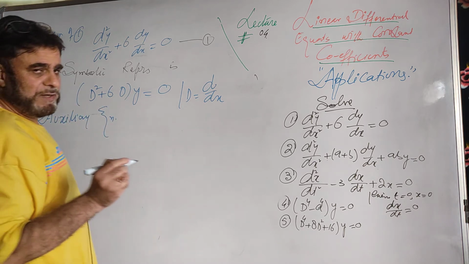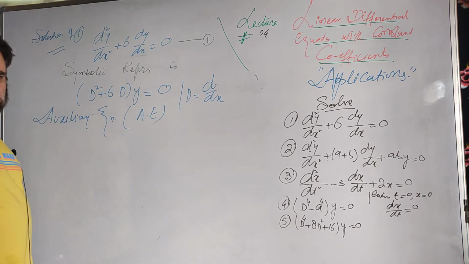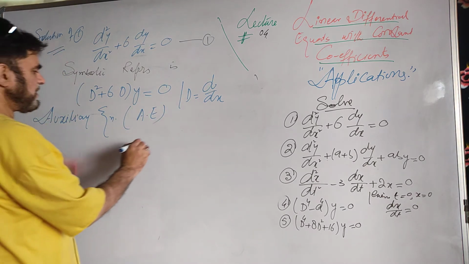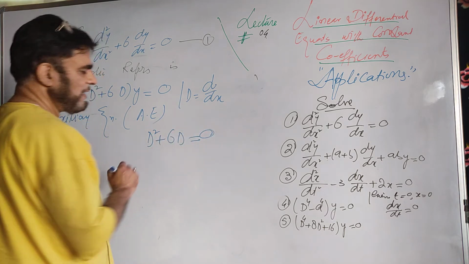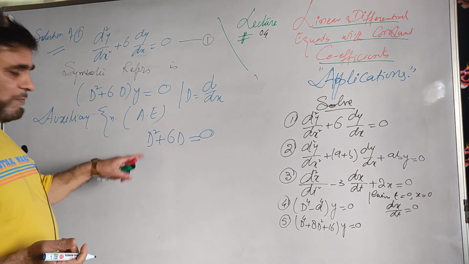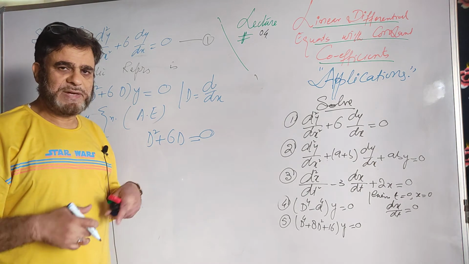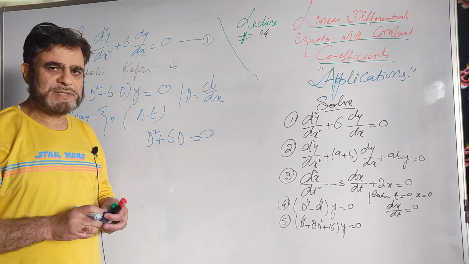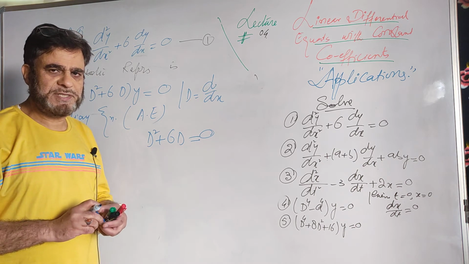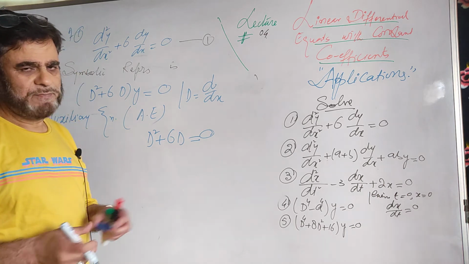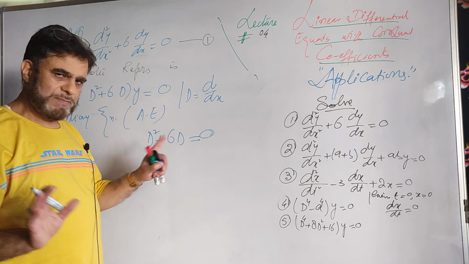Now and onwards I will be writing only AE, auxiliary equation. What is the auxiliary equation? It will be d square plus 6d equal to 0. In some books you may see they write m square plus 6m is equal to 0, because they are giving value to d as m for the time being, because I have already told you this d we treat as some algebraic quantity. Then we solve it for m. So no problem, you can use m square plus 6m, no problem.